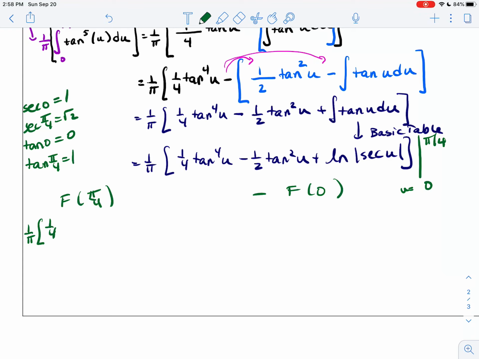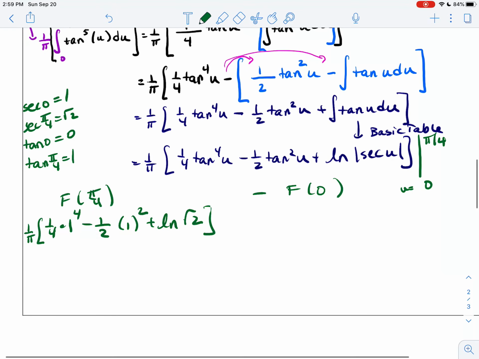So this is going to equal 1 over pi, 1/4, tangent to the 4th of pi over 4 is 1 to the 4th, and 1/4 times 1, right, minus 1/2. This is going to be 1 squared, and then we have ln of secant pi over 4, which is ln of root 2. Good.